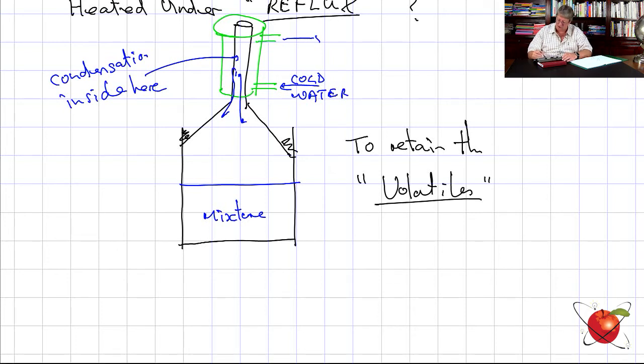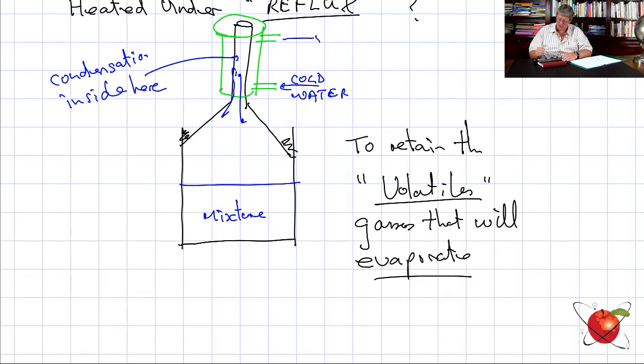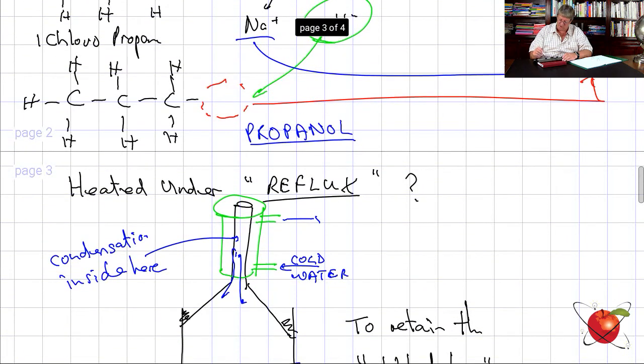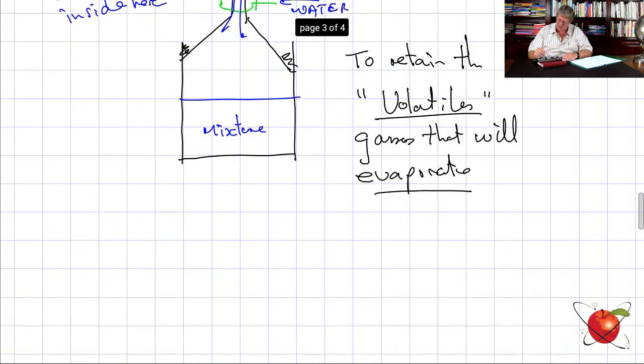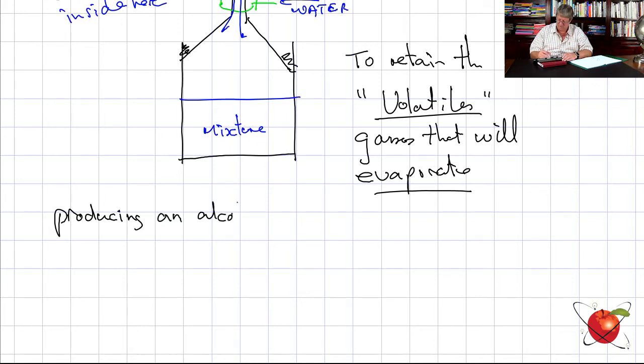Volatiles are the gases that will essentially evaporate, and you don't want it to evaporate because we are producing an alcohol, and its boiling point is low. So you want to make sure that you retain it. Otherwise, you're going to lose the whole lot.